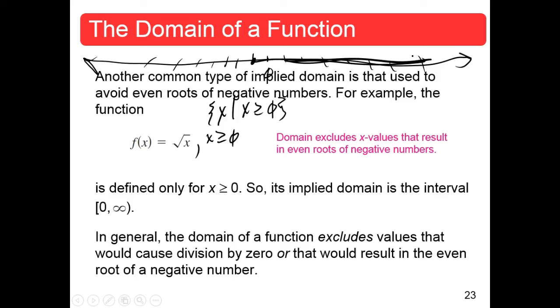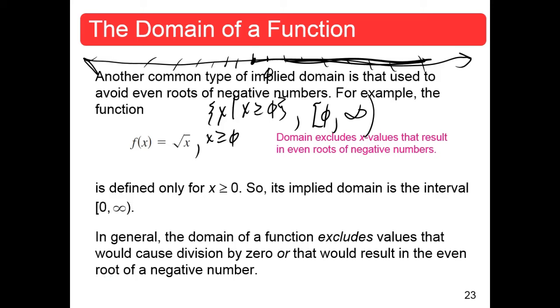So how do we express that as an interval? Bracket 0, comma, positive infinity. One more symbol, huh? Parentheses. Okay? Because it's all numbers greater than or equal to, so you're including the zero, put a bracket there.